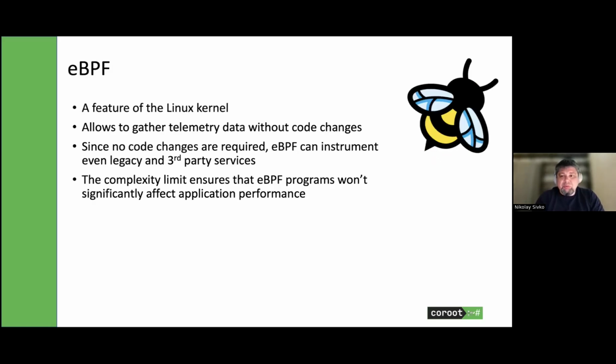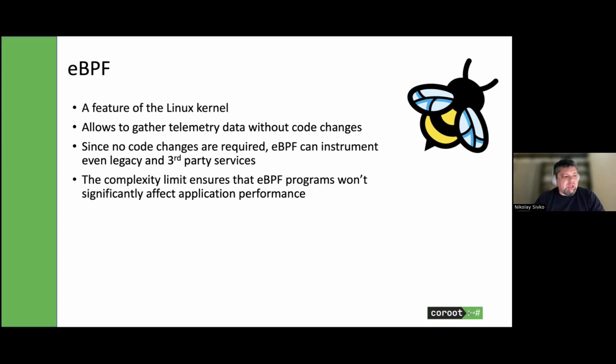A bit different approach uses some operating system features. For example, eBPF. We at Coroot actively use eBPF to instrument code without the need to change it. It's a feature of the Linux kernel. It allows us to run small programs in the kernel space. The technology guarantees that there will not be a significant impact on your application performance.